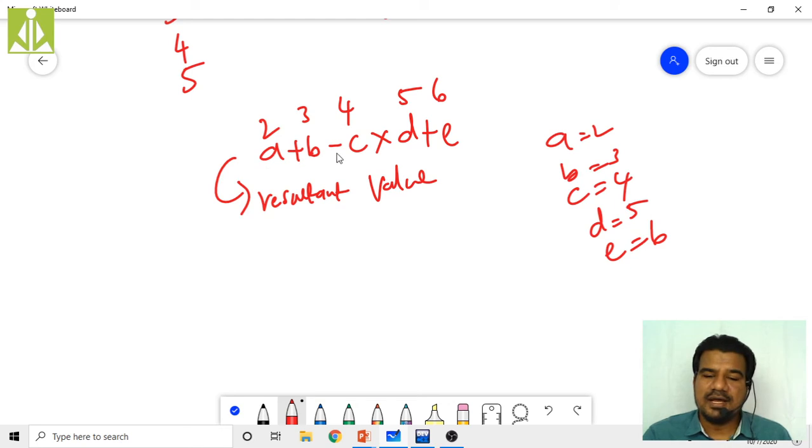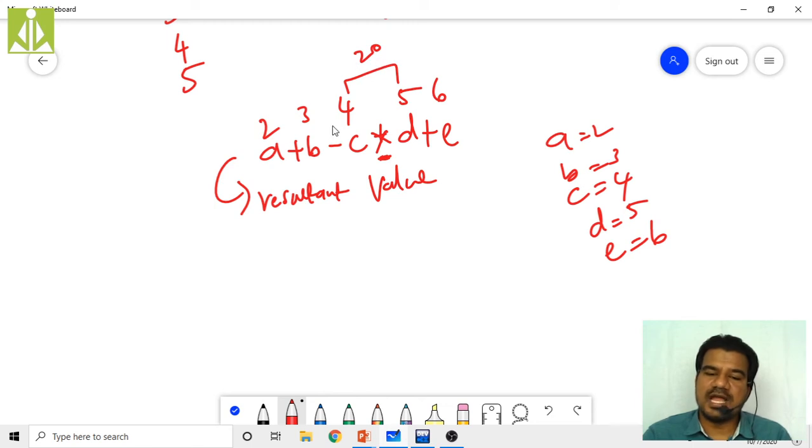Over here, the operator with the highest precedence is the multiplication operator. So I scan this expression from left to right and check the precedence of all the operators, and I come to the conclusion that I have to perform the multiplication first. I evaluate it and get the value 20.